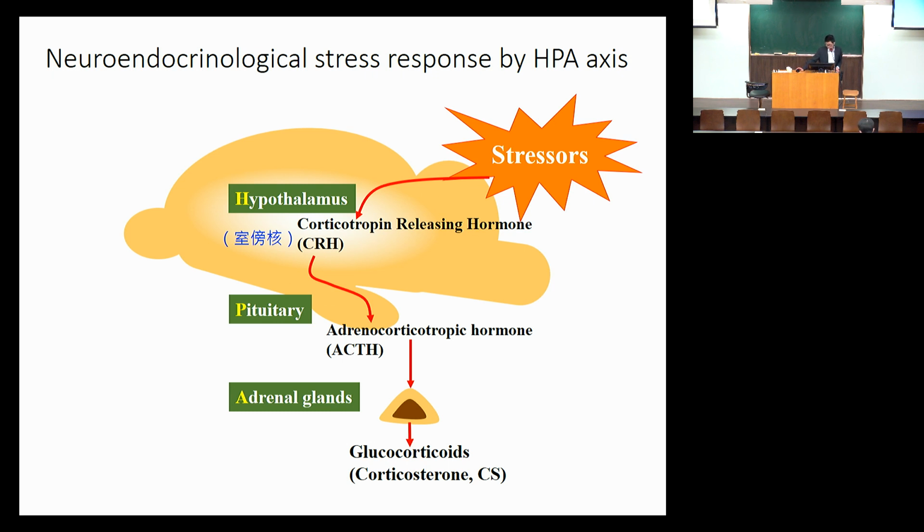In rats and mice, most of the glucocorticoids are corticosterone. Corticosterone is the major factor working as a glucocorticoid.